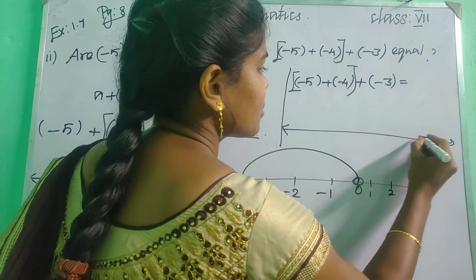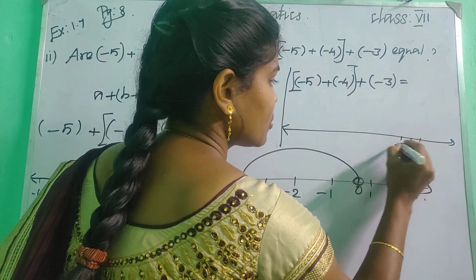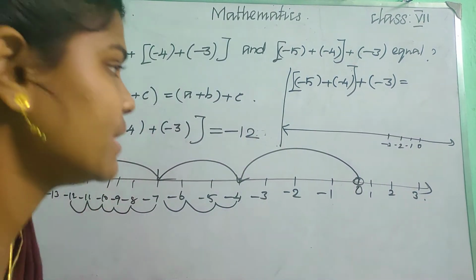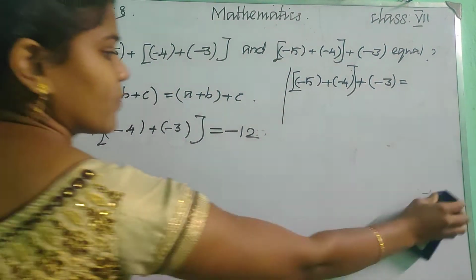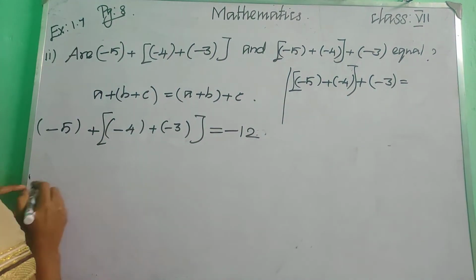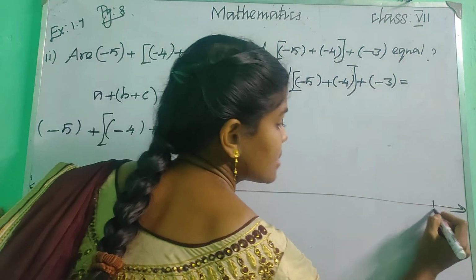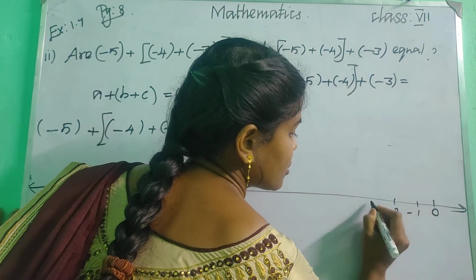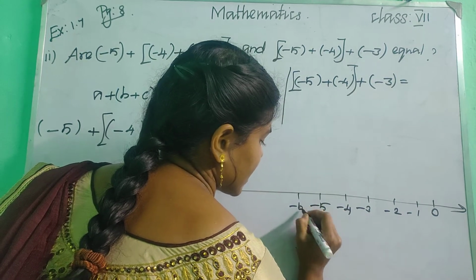So here 0, minus 1, minus 2, minus 3. Let me rub and draw. See, here 0, minus 1, minus 2, minus 3, minus 4, minus 5, minus 6.